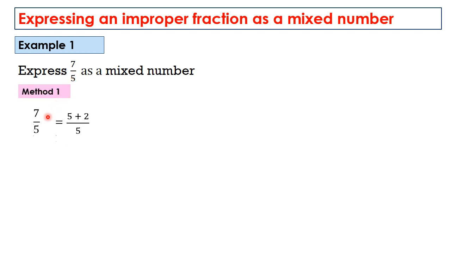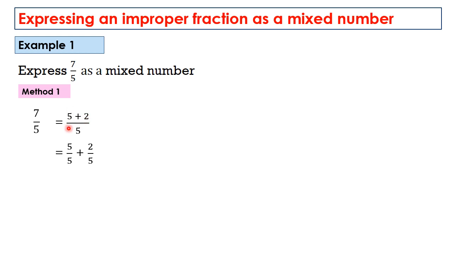Method 1, when 7/5 is given, we are dividing the numerator 7 in terms of the denominator. That means writing 7 in terms of 5. Because the denominator is 5, we are writing the numerator 7 in terms of the denominator. 7 is equal to 5 plus 2.